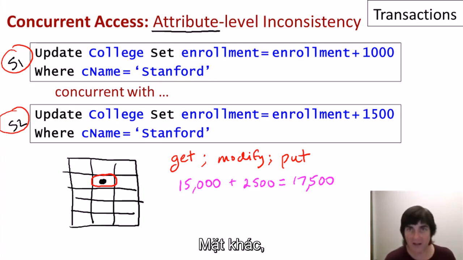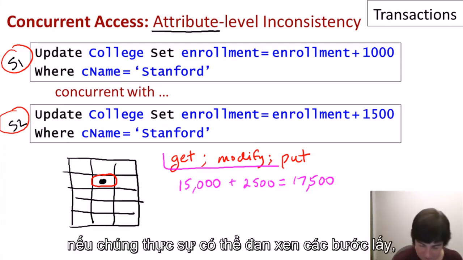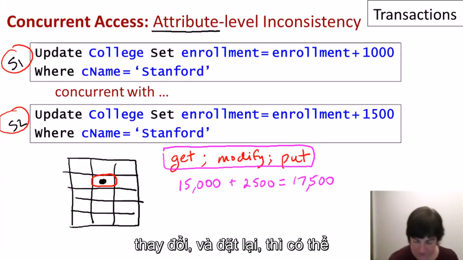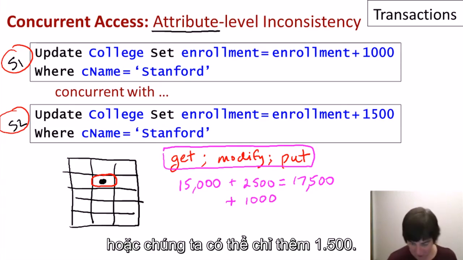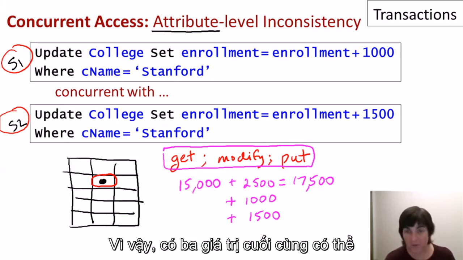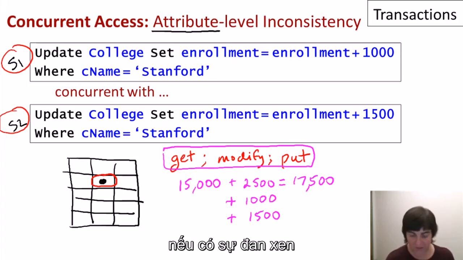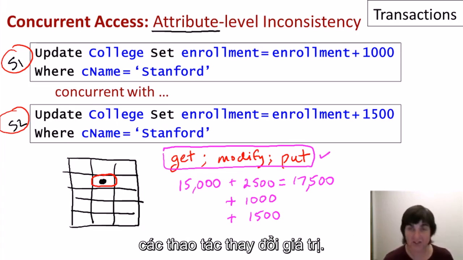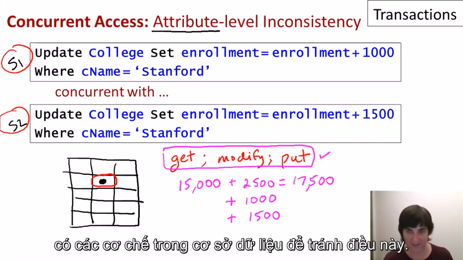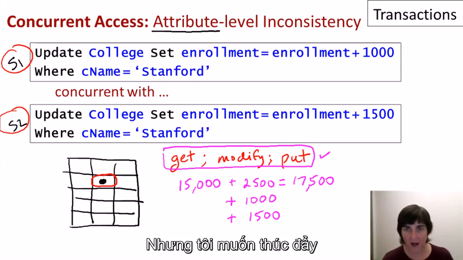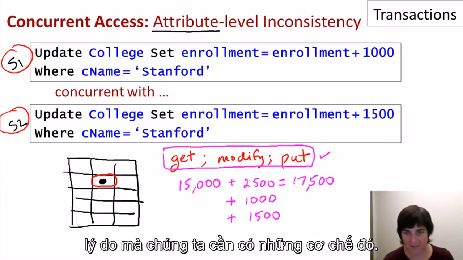On the other hand, if they really can interleave their gets, modifies, and puts, then it is possible that we'll instead only add 1,000 because the 1,500 gets lost, or we could only add 1,500. So there are three possible final values if there's interleaving of the operations that modify the value. Of course, we're going to see that there are mechanisms in the database to avoid this, but I want to motivate the reason that we have to have those mechanisms.